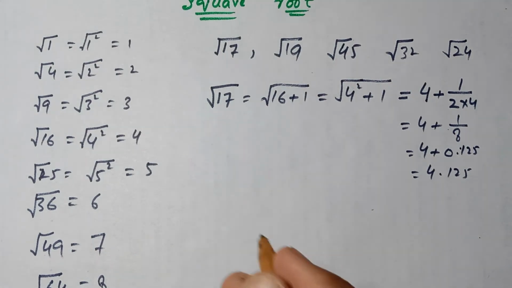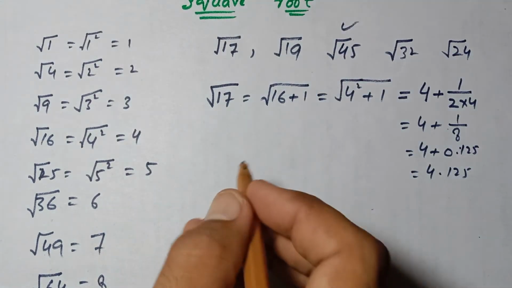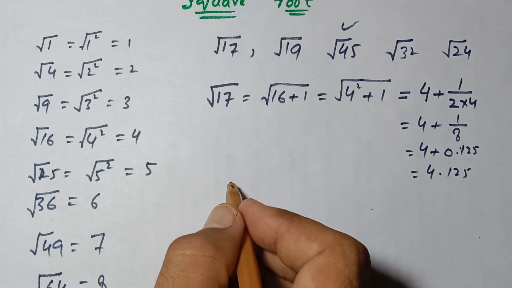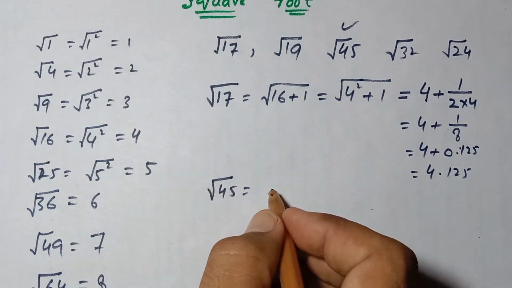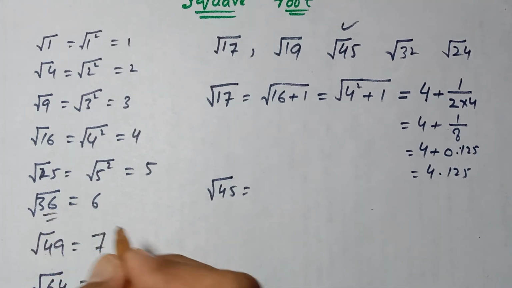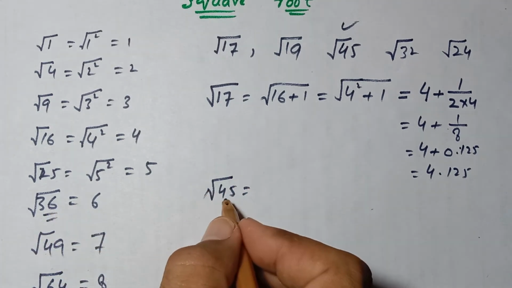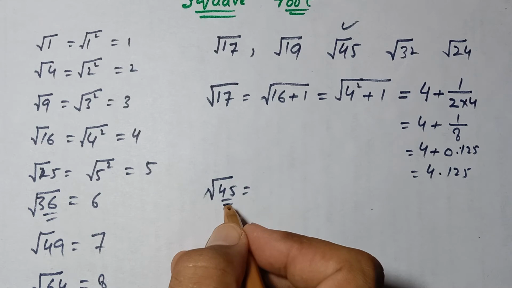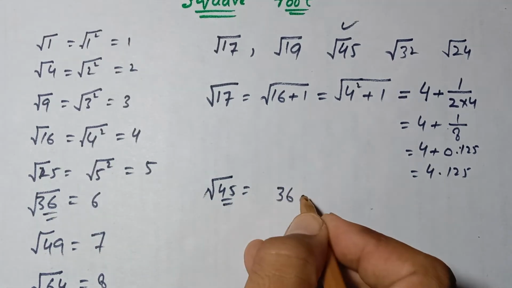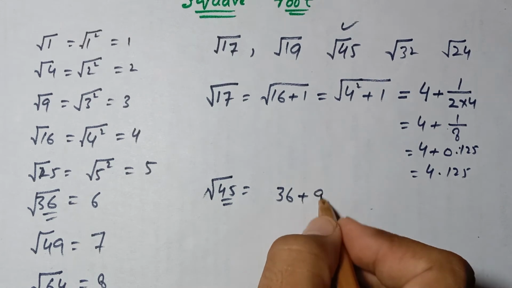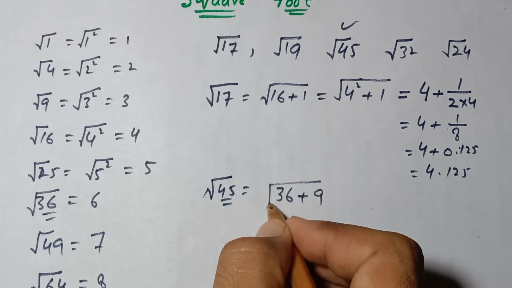And now how can we find the square root of 45? 45 is nearly equal to 36, the nearest perfect square value of 45. So 45 can be written in the form of 36 plus 9.